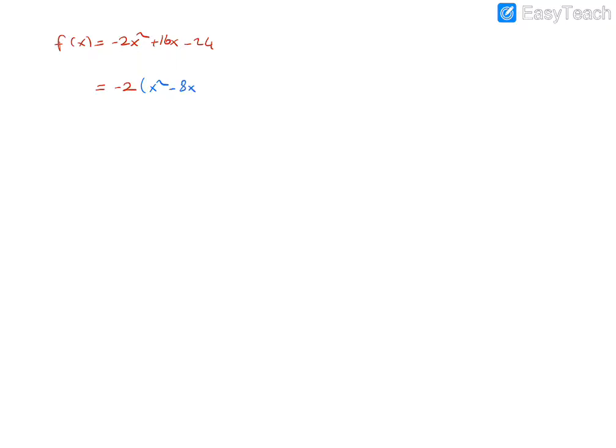Now we have the same, minus 2x squared plus 16x minus 24. These are equivalent, there is no problem, okay? Factor the coefficient of x squared out of the first two terms.